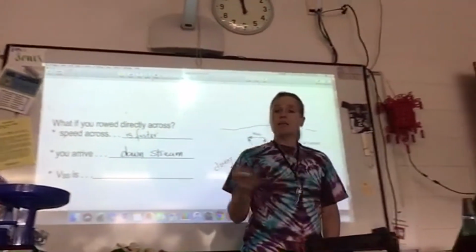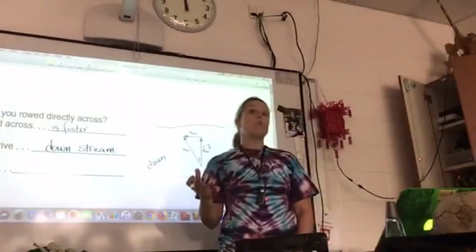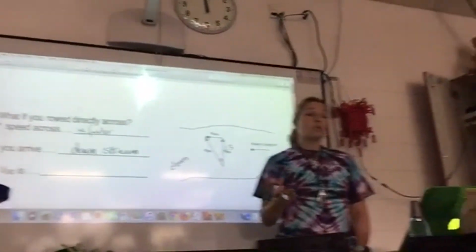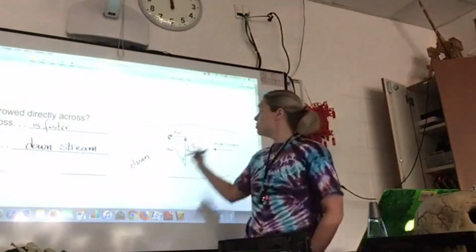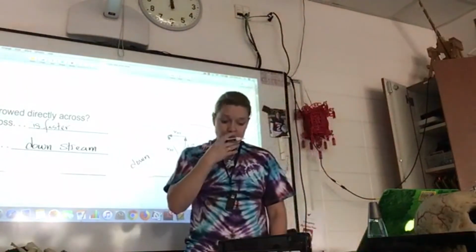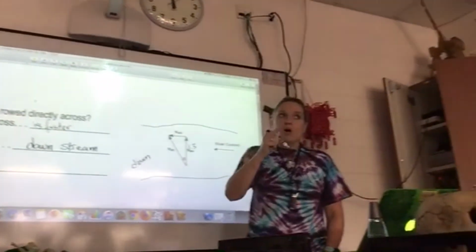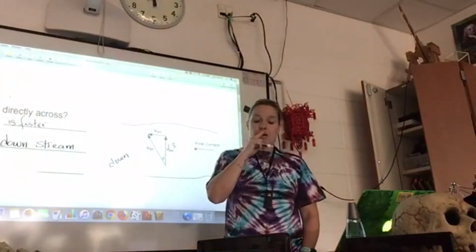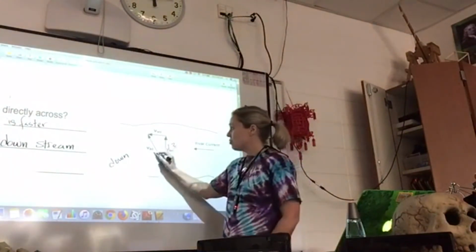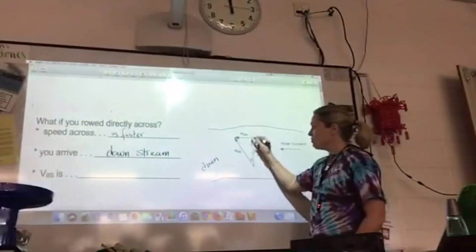So you may not be where you wanted, but it depends on what your goal was. Was it to cross the river as quickly as possible because there's alligators? You should do that. What about the velocity of the boat relative to the shore now? That's this one. Isn't this the sum of this and this?